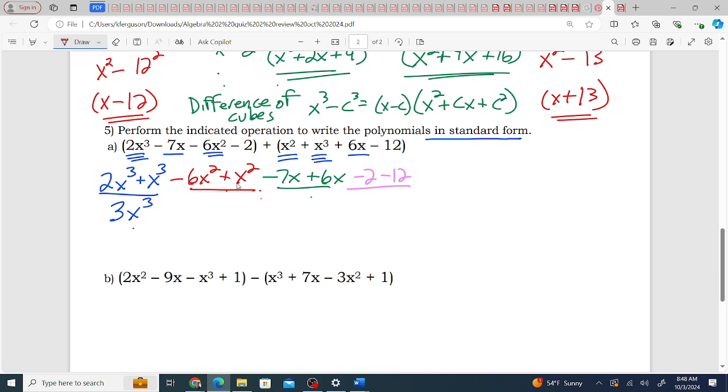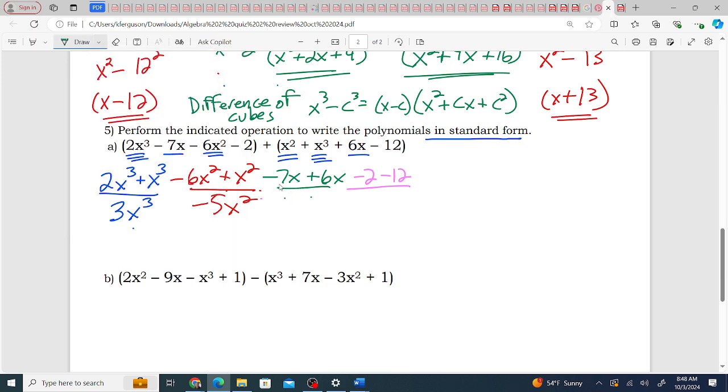Well, you're adding, but it's a subtraction problem because the signs are different. So a negative 6 and a positive 1, that's a negative 5x squared.